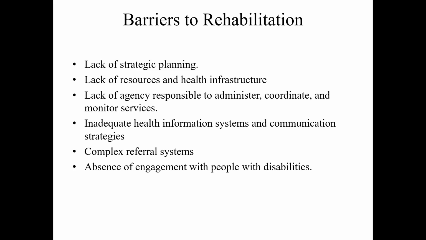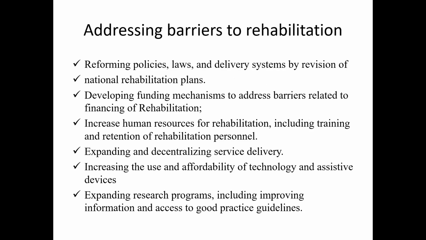If they don't give the referral, then the patient might die with chest complications. So these are the important aspects that act as a barrier for rehabilitation. Then at last, if you don't speak properly to disabled persons, then there will also be a barrier.